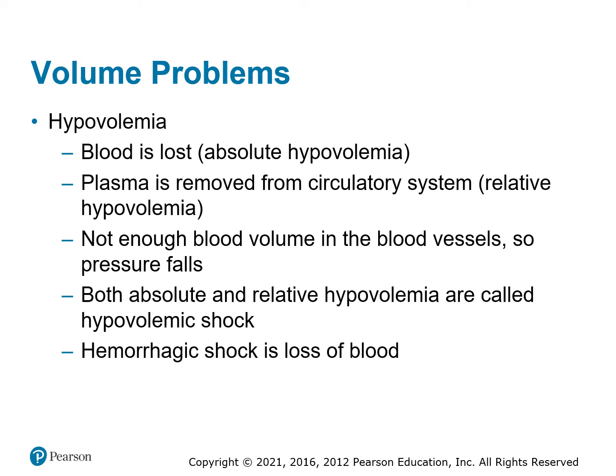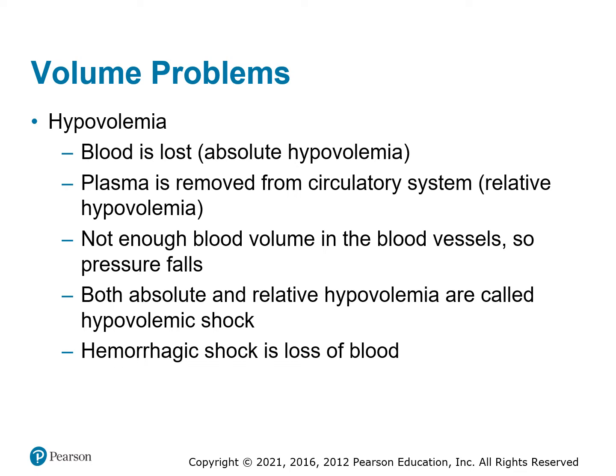And the body will compensate for a while, but at a certain point, once the shock sets in, the pressure starts to fall, and basically all the nutrients and oxygen-enriched blood can't get to where they need to go. So in both cases, both absolute and relative hypovolemia, it's called hypovolemic shock.